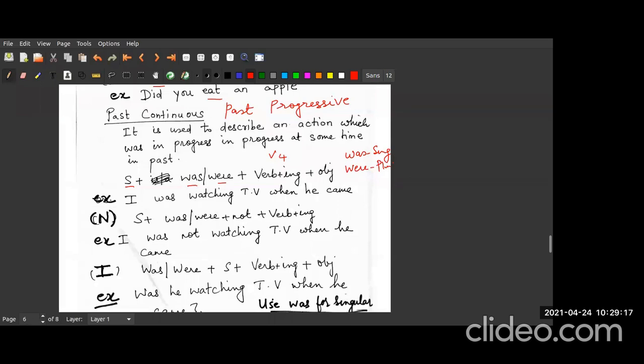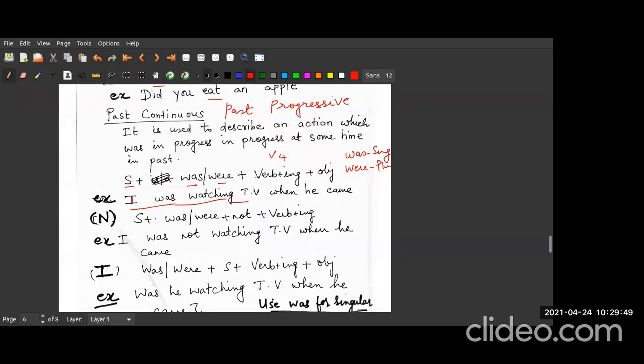I was watching TV when he came. This is an example of the past continuous tense. So subject, I हमारा subject हो गया. Was, I के साथ was, क्योंकि singular है, was singular. Then verb plus ing, then object, TV when he came. So this is the structure of the past continuous.